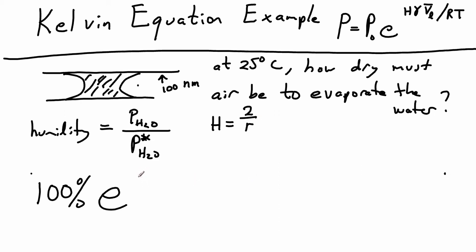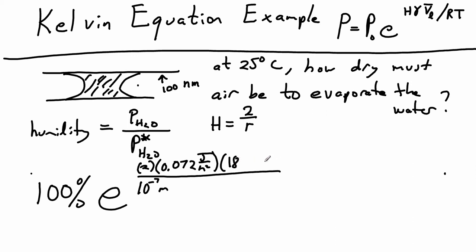So we have first the curvature, which we said was 2 over r. So 2 over, we have 100 nanometers, so that's 10 to the negative 7th meters. We have the surface tension of water. We'll change this to SI units, 0.072 joules per meter squared. Plug in the molar volume of water.